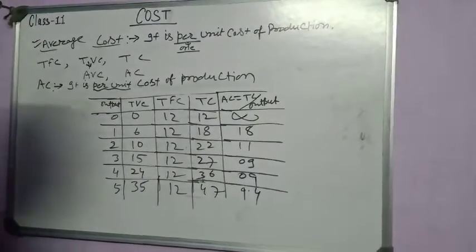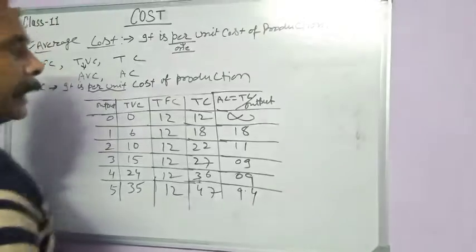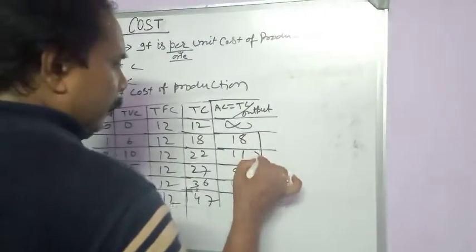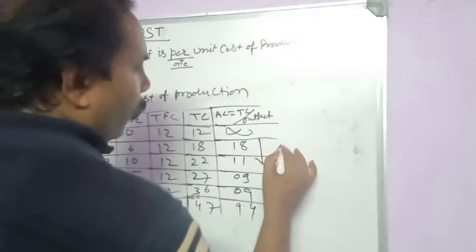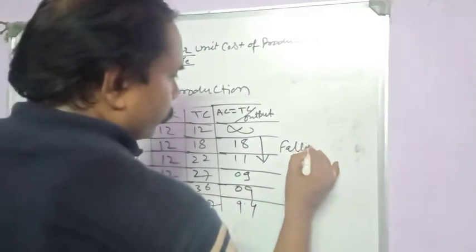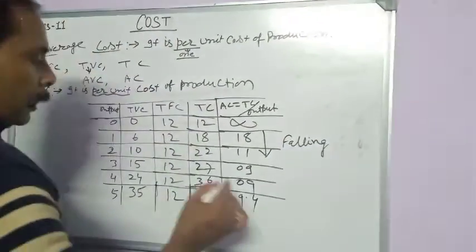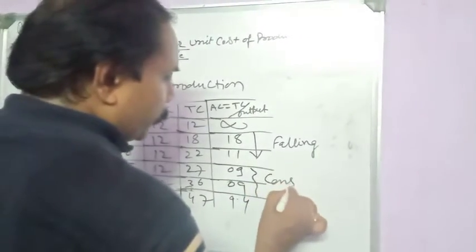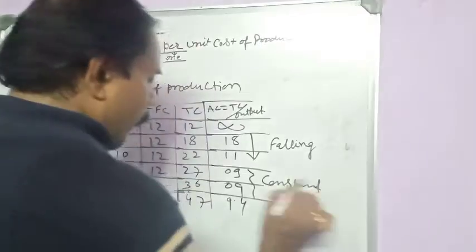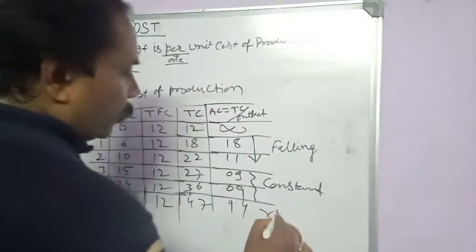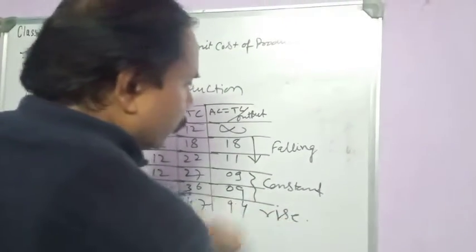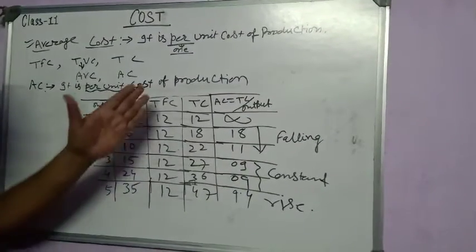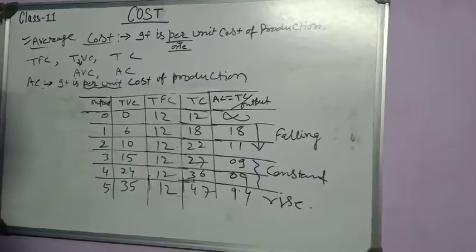Clear? So what do you find here? Again the same thing happens. Up to the second level, it is falling. Third and fourth, it has become constant. And after that, it starts to rise. Clear? And you have noticed the same thing in the case of AVC.